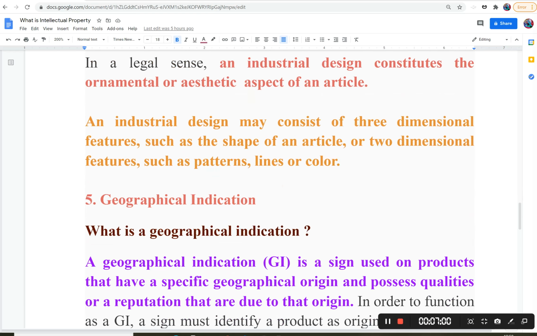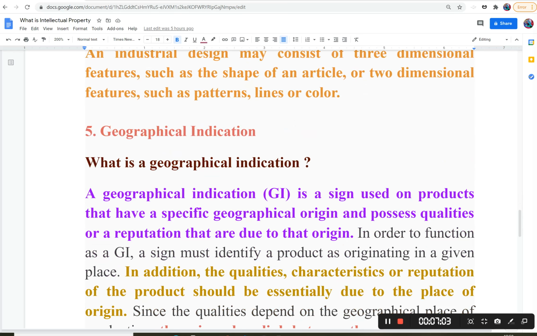Yet another form of intellectual property is geographical indication. A geographical indication is again a sign used on products that have a specific geographical origin. The key words here are specific geographical origin. If a product is famous because of its geographical origin and is represented through a sign, that is called a geographical indication.